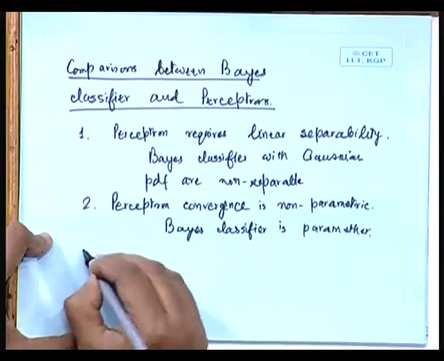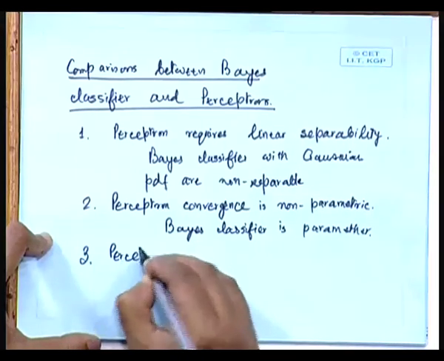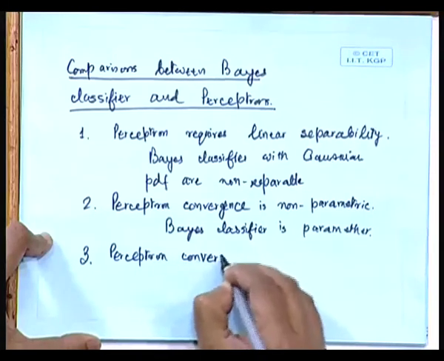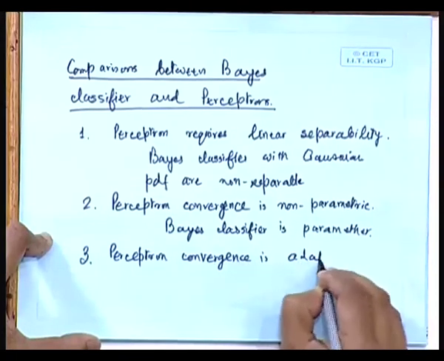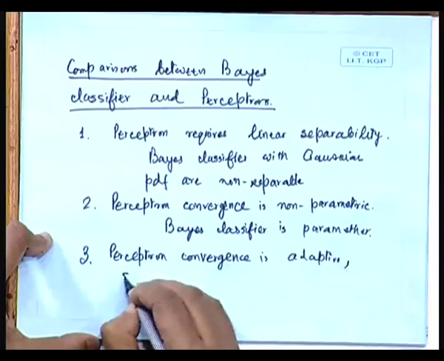Okay. And then the third point is that the perceptron convergence algorithm is adaptive and simple to implement.